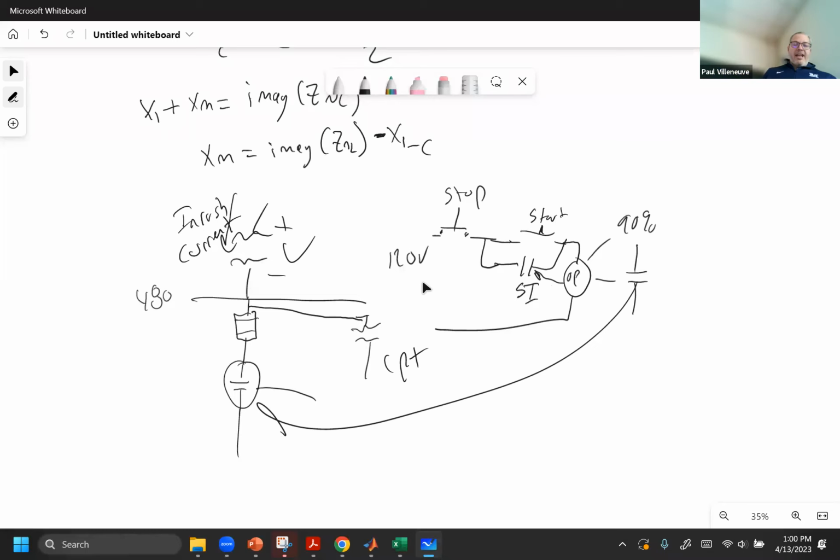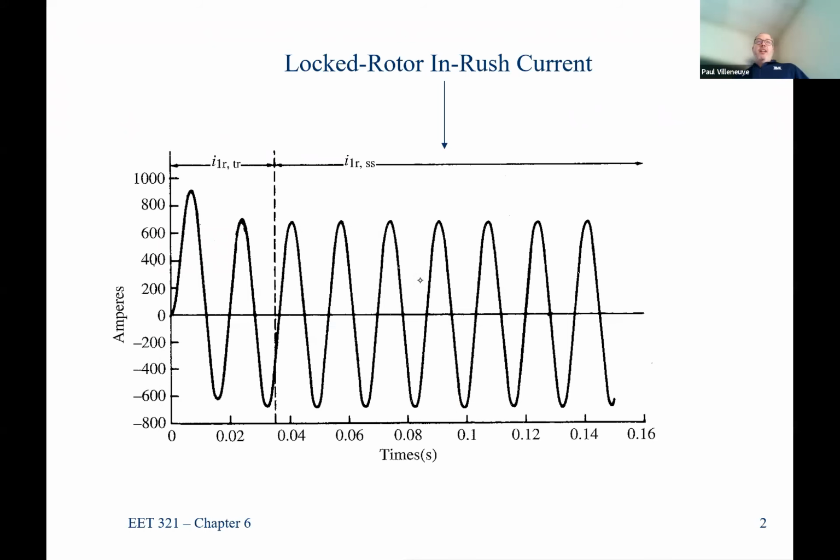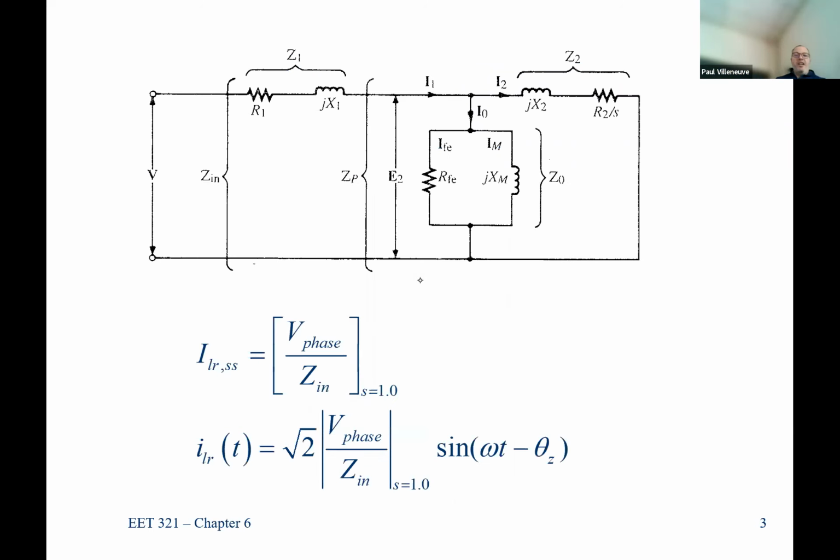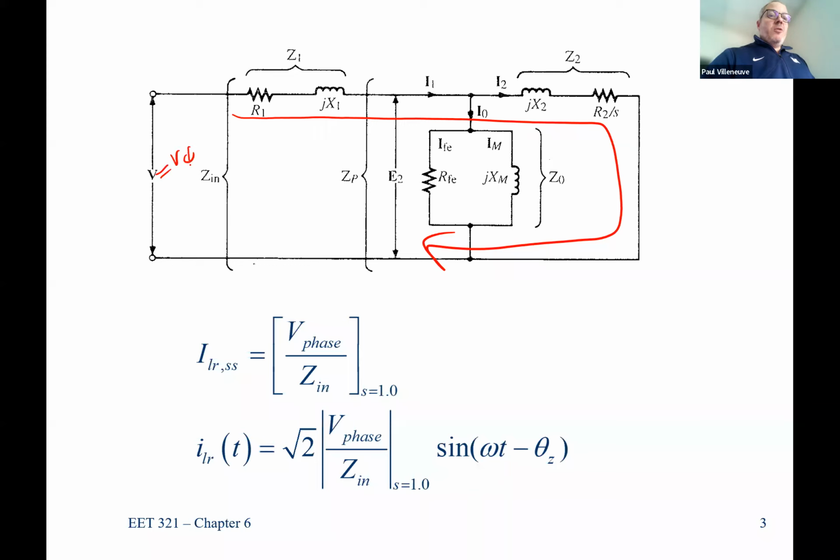So we are going to look at inrush current and some of the methods to mitigate it. Here is our equivalent circuit diagram. Remember, at a slip of 0, everything, or almost everything, goes through here, and the voltage over here is equal to V nominal. So you're pulling in a lot of current.